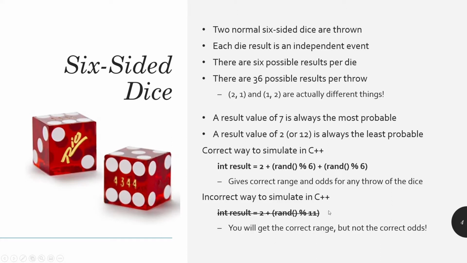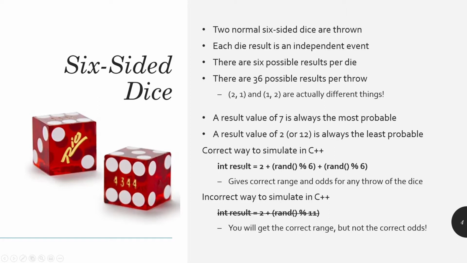And so I'll get 2 to 12. I'll get the correct range, but using this, everything is equal odds. It's like spinning a wheel versus rolling dice. Spinning a wheel where everything has the equal possibility of being called. So this is not 100% correct.